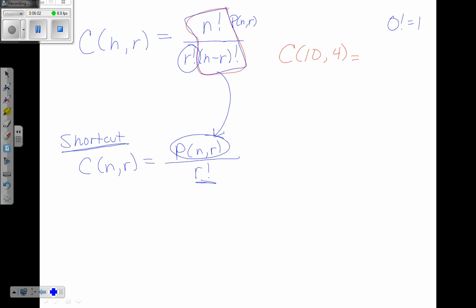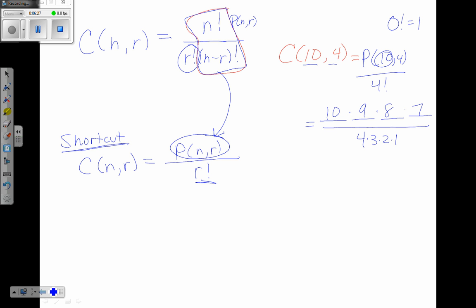So if I'm going to find the combination of 10 things taken 4 at a time, I put the permutation of 10 things taken 4 at a time, and I divide it by 4 factorial. That's going to equal, I'm going to make 4 places, and then divide that by 4 times 3 times 2 times 1. I'm going to fill in these upper 4 places starting with 10: 10, 9, 8, 7.